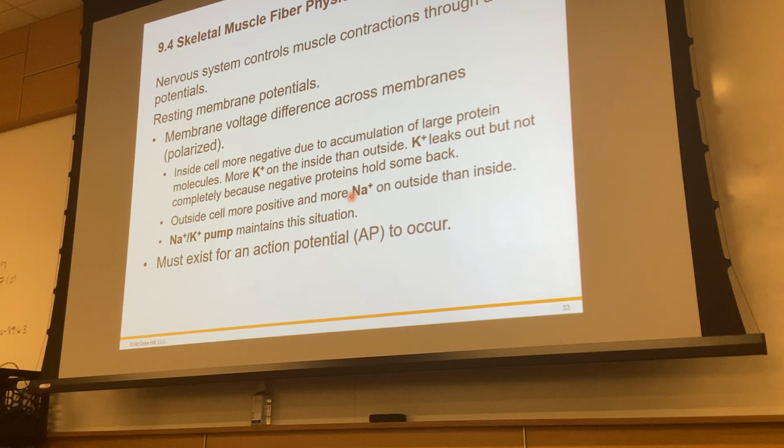Sodium is found in the plasma, and potassium is found in the cytosol or the cytoplasm. If you do not have this sodium-potassium pump setting up the resting membrane potential, then you can't have an action potential, and if you can't have an action potential, you can't have a skeletal muscle contraction.